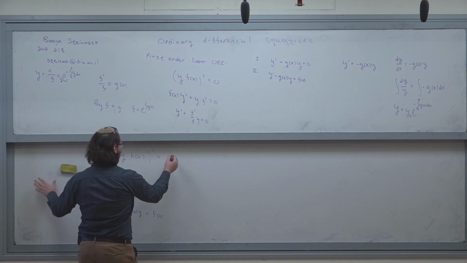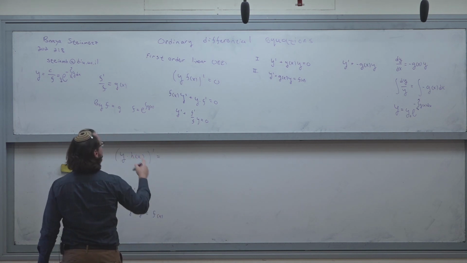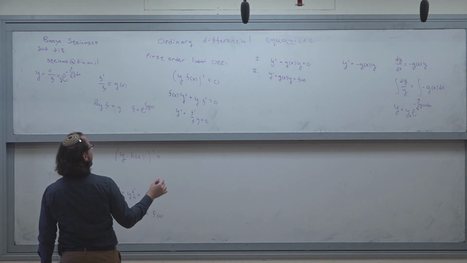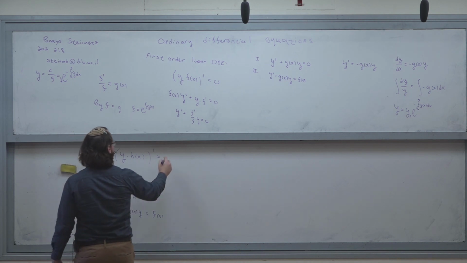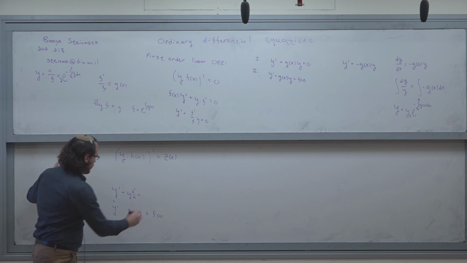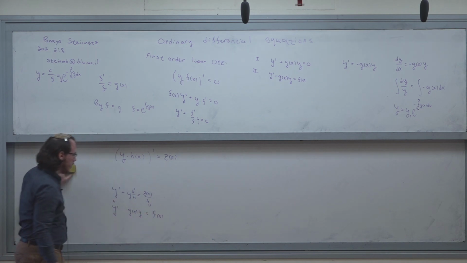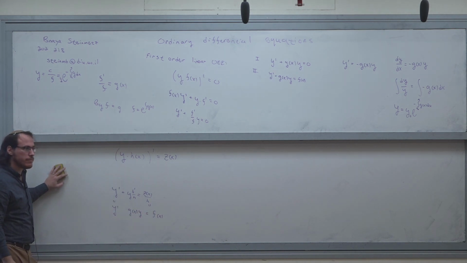So this is x times is equal to some, I don't know, which letter I didn't use yet. I don't know. Z of x. Okay.